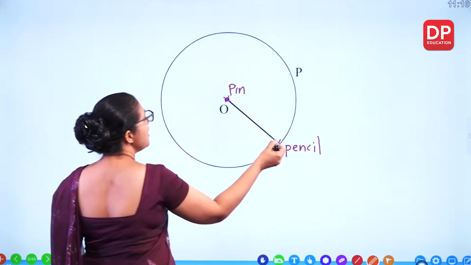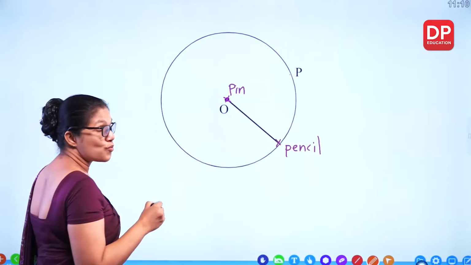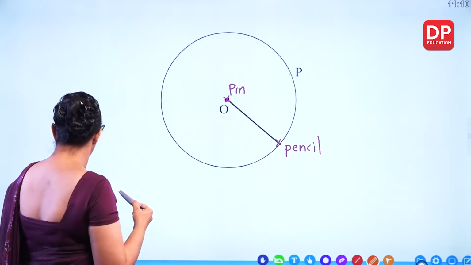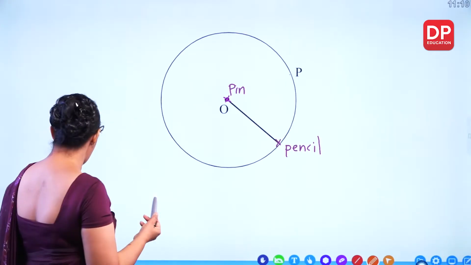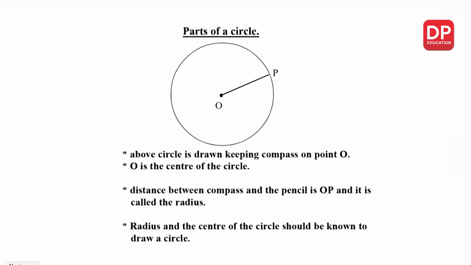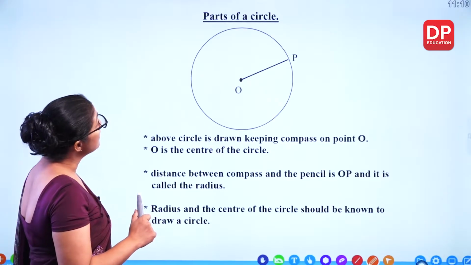And this is the thread. When you take the pencil around the pin, you get a circle. So that's one way you can draw circles. What's the other way to draw circles? That's using the compass.